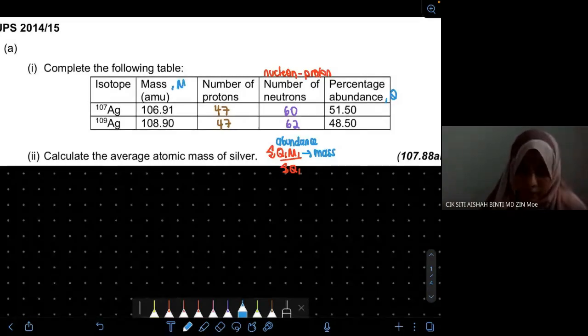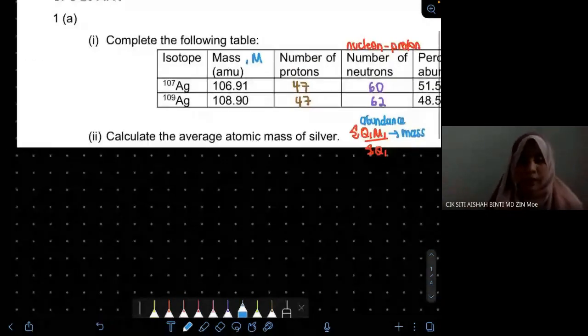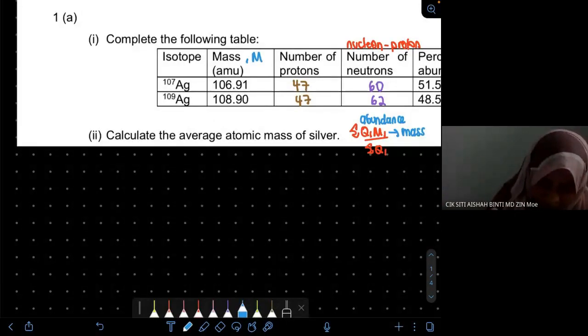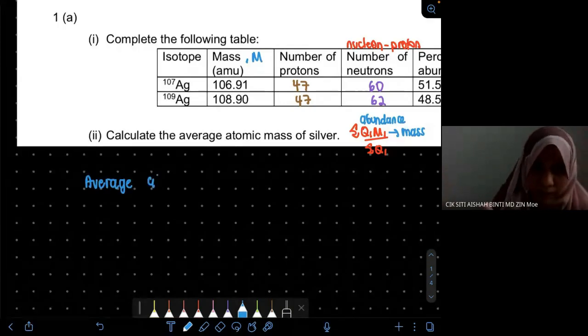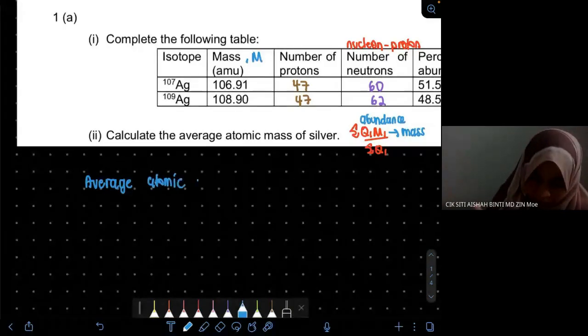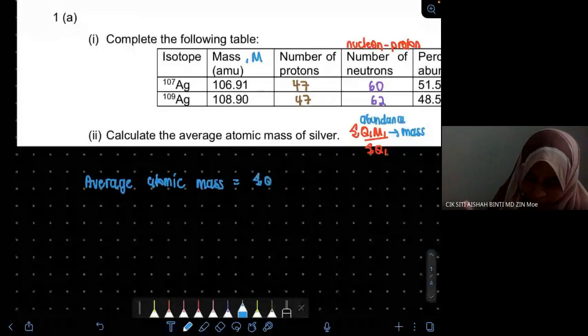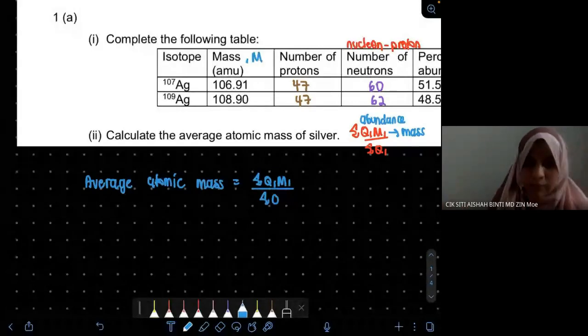Okay, so let's write it out. How to calculate the average atomic mass? The average atomic mass is equal to the sum of Kimi divided by the sum of Ki.